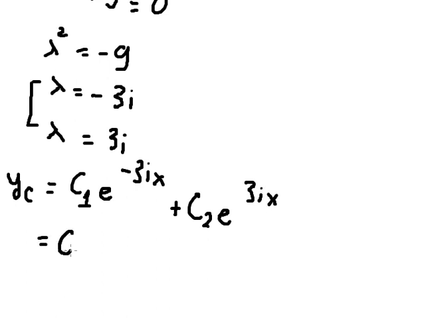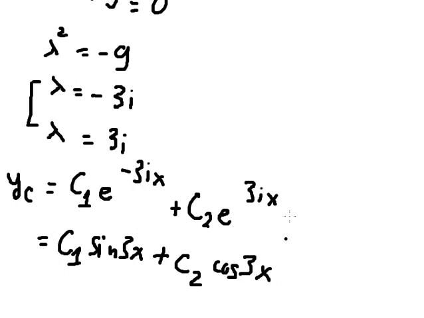In this one we put c1 sine 3t and c2 cosine 3t. And this one I change back to t.